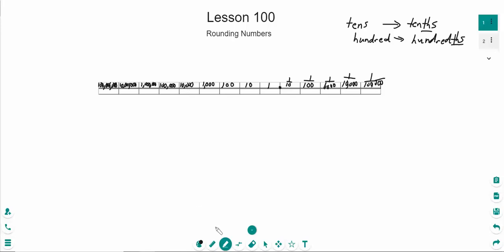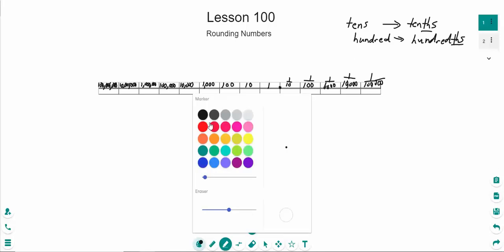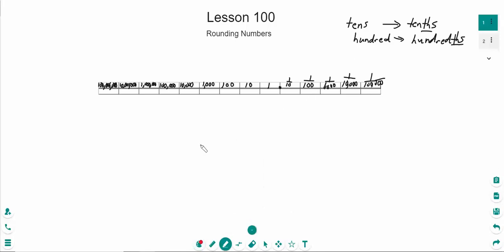Okay? All right, so let's talk about rounding now that we've gotten through the basics here. So if I want to round a number, how do I do so? So if I have something that's maybe really big and nasty, right? Something that looks like this, and I ask you to round it to the nearest tenths house. How do we go about doing that?